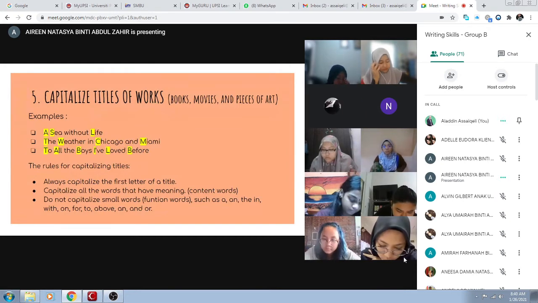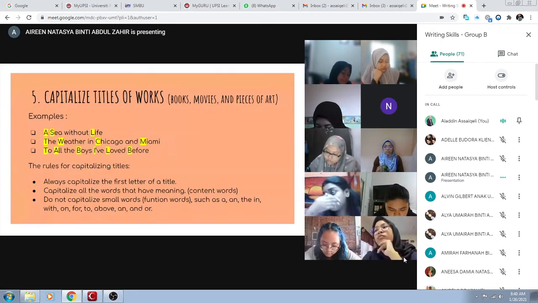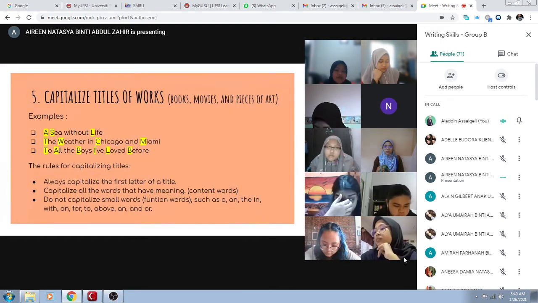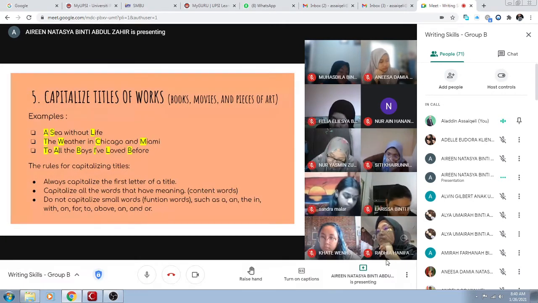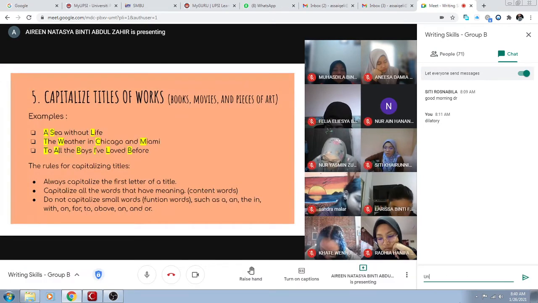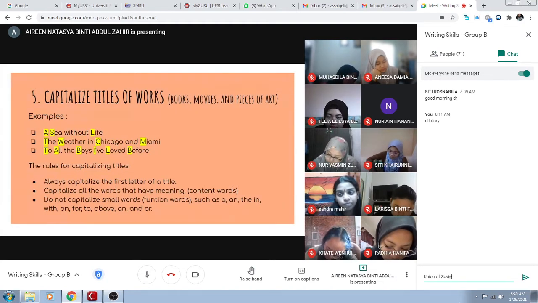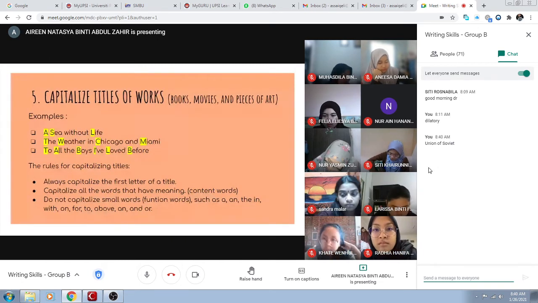Okay, number 1. The acronym USSR is no longer used because the country does not exist. USSR stood for the Union of Soviet Socialist Republics. Make sure please that you capitalize these words now.